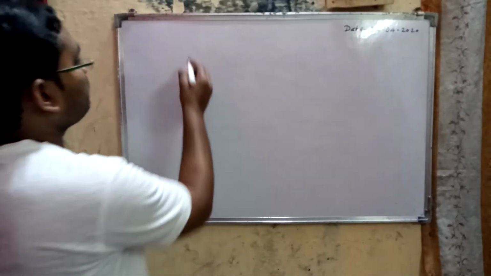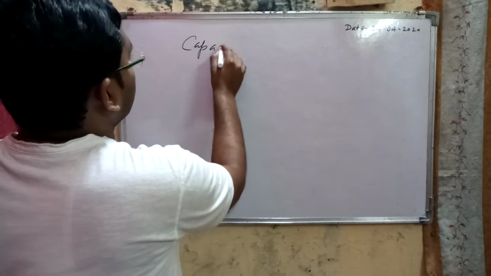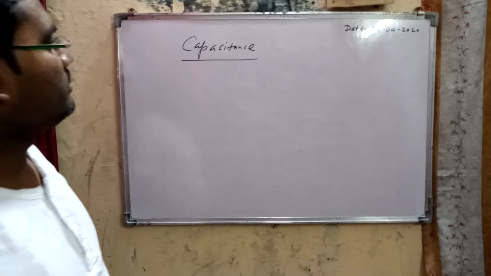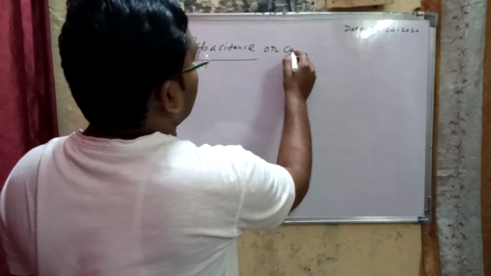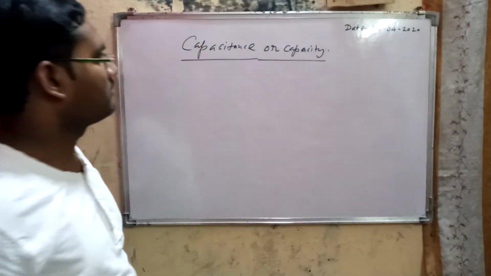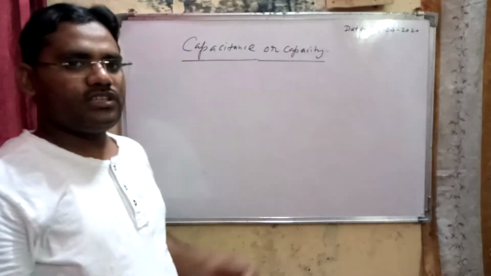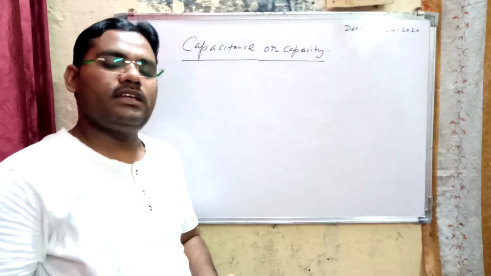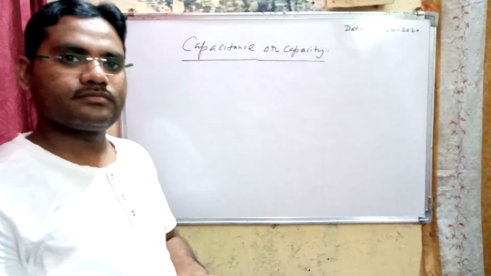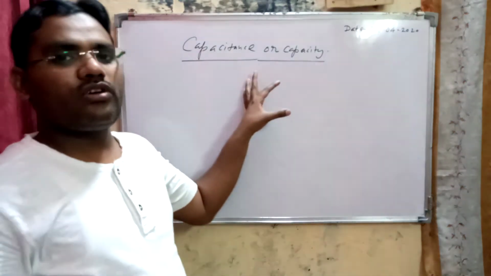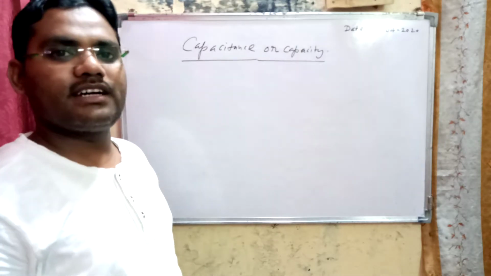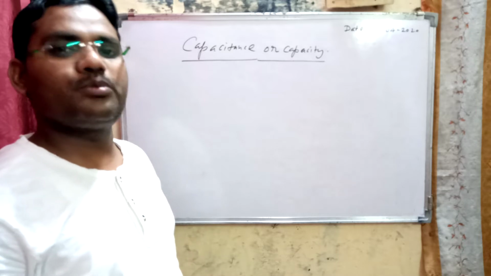Now the next topic is capacitance. Capacitance or capacity. The capacitance or capacity of any conductor is defined as the ratio of the charge given to the conductor and the corresponding increase in its potential.